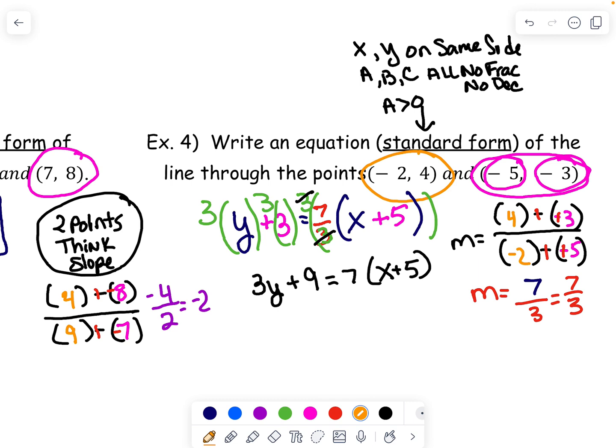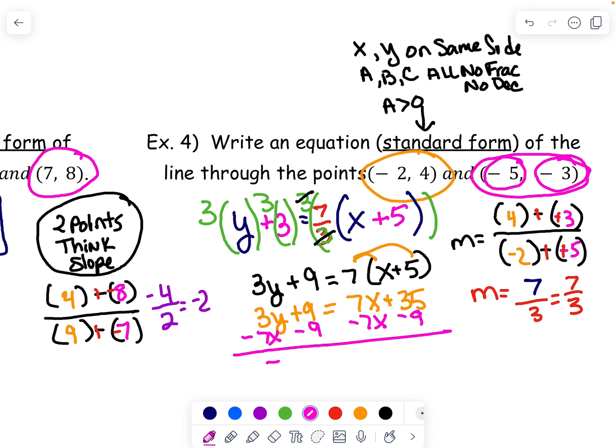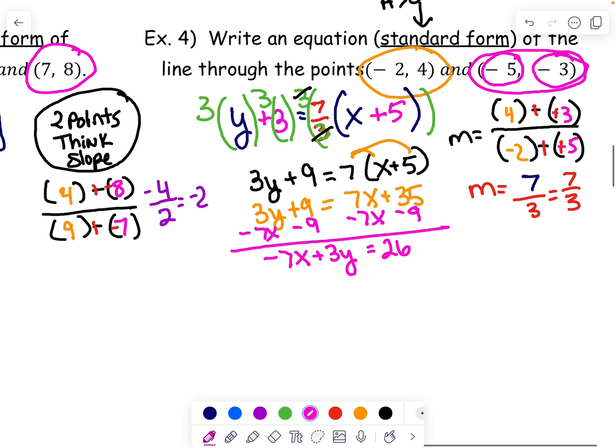Okay, that's great. We have no fractions or decimals, and we are ready to rock. We're going to use our distributive property. Equals 3y plus 9. And we're going to get our x and y on the same side, but we're also going to put our constant on the other side. Okay, so this is -7x plus 3y is equal to 26.